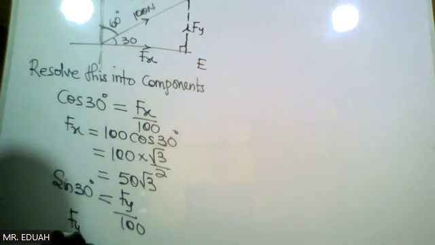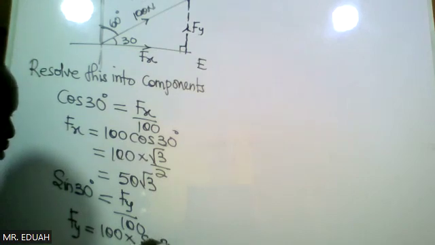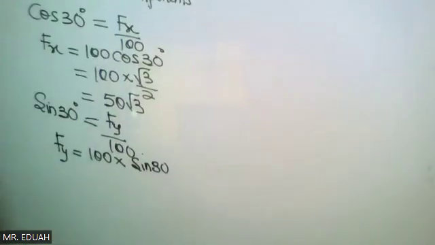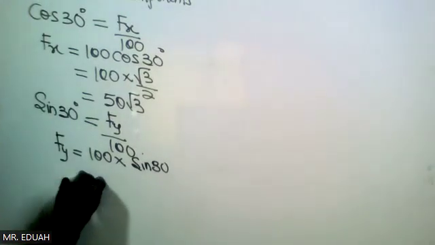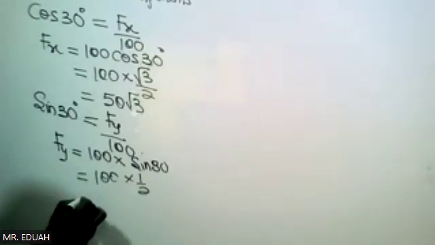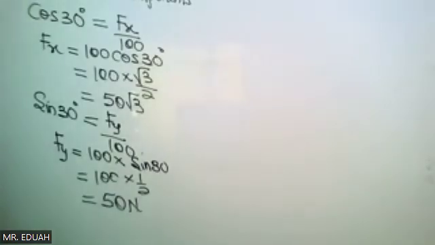Fy is equal to 100 times sine 30 degrees. Sine 30 degrees is equal to half. So I have 100 times half, and that would be equal to 50 Newton.